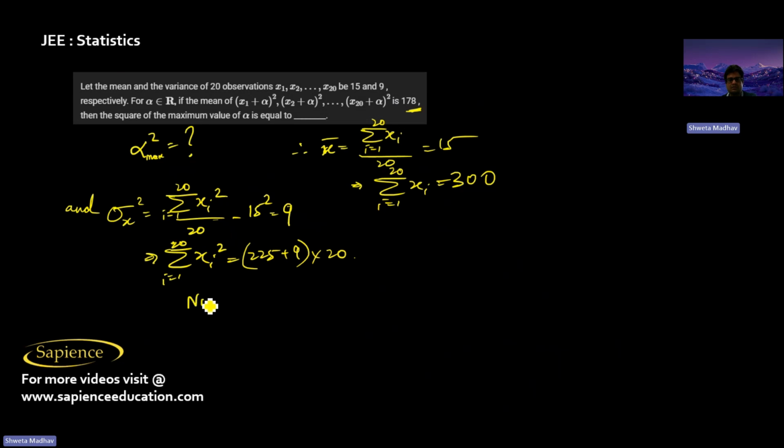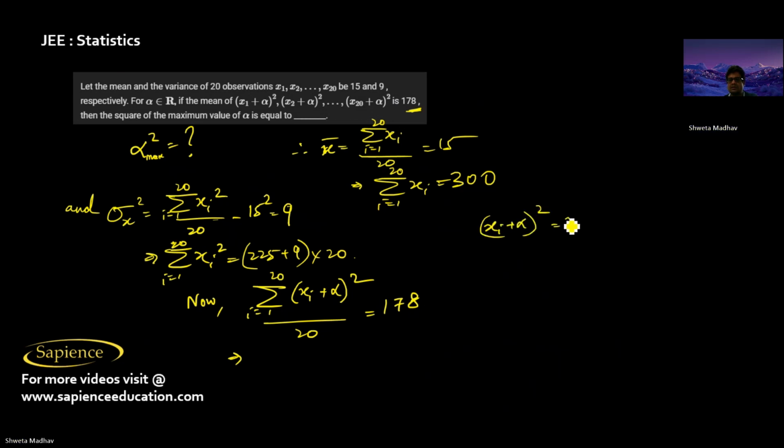So now we can say that it's told that the mean value of summation xi plus alpha whole square, i goes from 1 to 20, divided by 20, is given as 178. Now xi plus alpha whole square can be written as xi square plus alpha square plus 2 alpha xi. So this will be summation xi square plus summation alpha square plus summation 2 alpha xi.